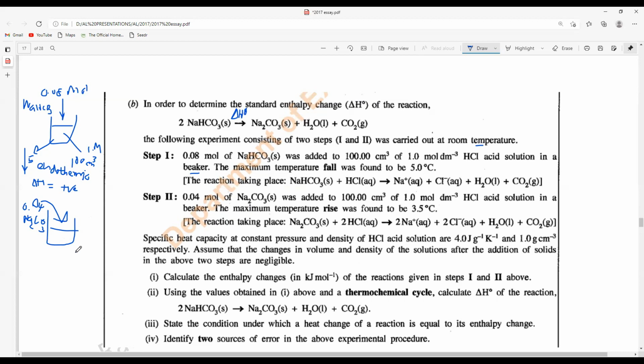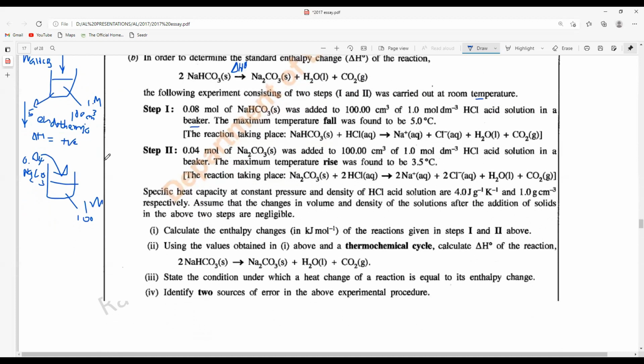To the same solution, 1 M HCl, 100 cubic centimeters, so the volumes are the same, and the temperature rise was 3.5. So when the temperature rises, this reaction is exothermic, and delta H now is going to be negative, right?